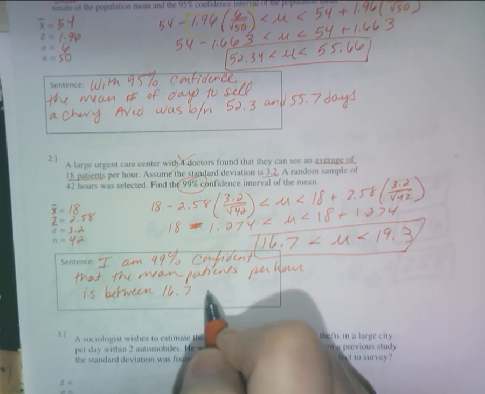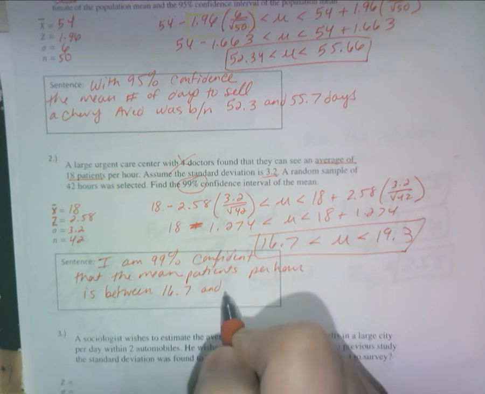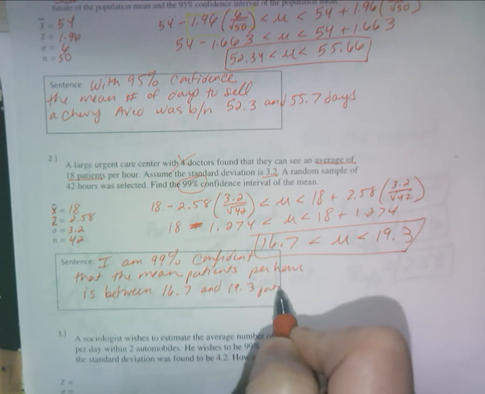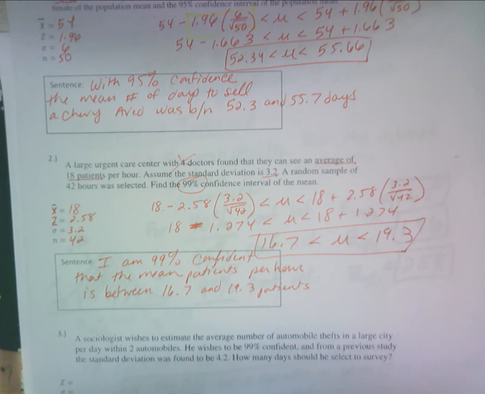Is between 16.7 patients and 19.3 patients. Okay, I'm 99% confident that this hospital particularly sees around 16 to 19 patients per hour, okay, with these 4 doctors. That's a lot of patients, actually. That's about what, 4 an hour, roughly? 4 or 5 per doctor?